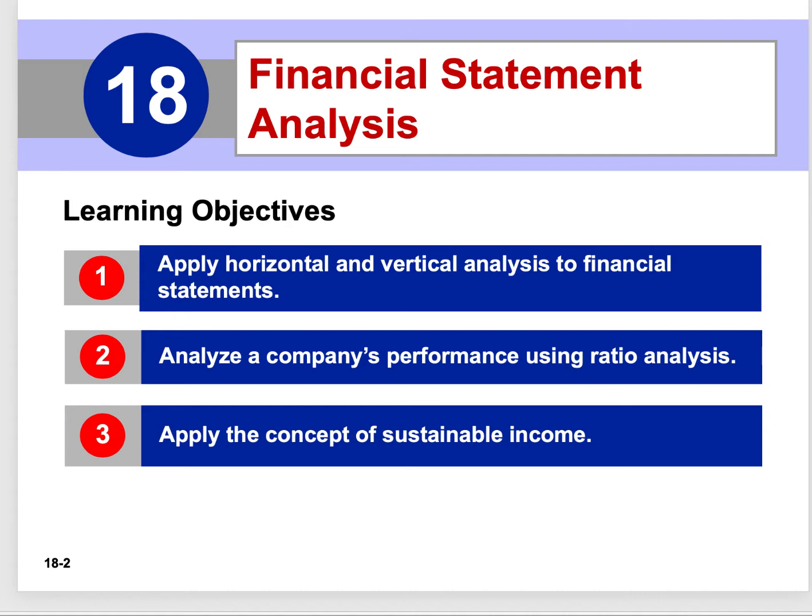We're going to look at how to apply both horizontal and vertical analysis to those financial statements. We're also going to get into ratio analysis, and we're going to be able to analyze the company's performance based on those ratios that we're going to go through. And then finally, we're going to discuss the concept of sustainable income.